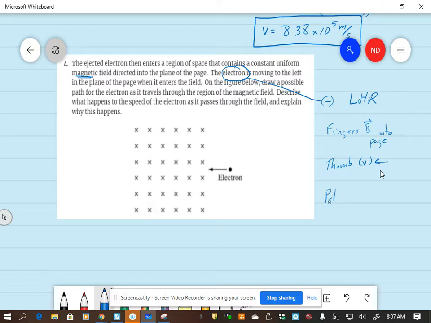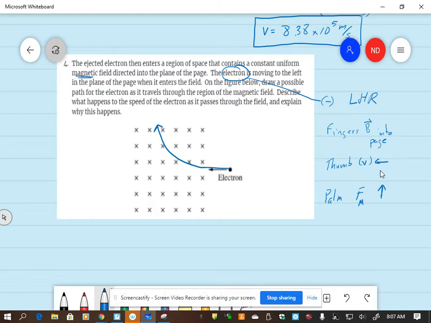The palm is the force that the thing feels, and your palm should be facing up. So as the electron goes here, the magnetic force is going to push it up. On the diagram below, draw a possible path. So as the electron enters here, it is going to be pushed up. Something like that in a curved circular path.